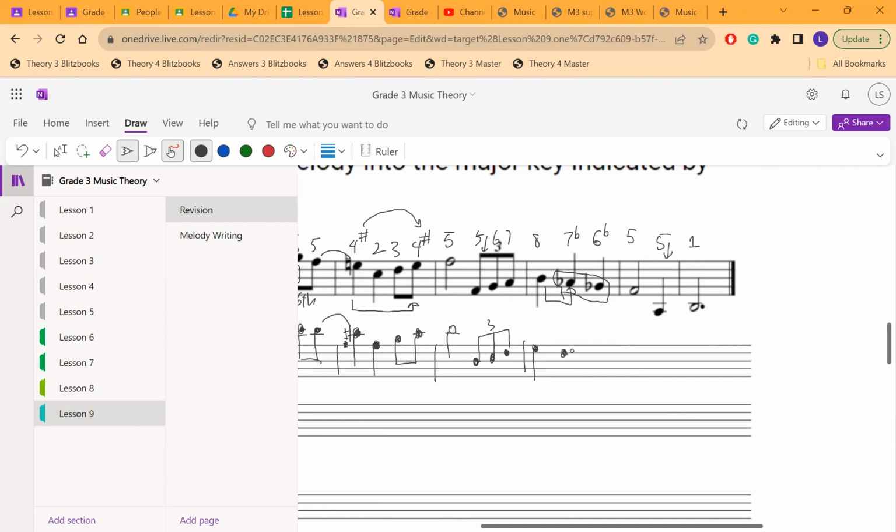So that means that you need E to D natural, which is one tone. And now, that is something else. A flat to G flat is one tone. So you still need D to C to be one tone.